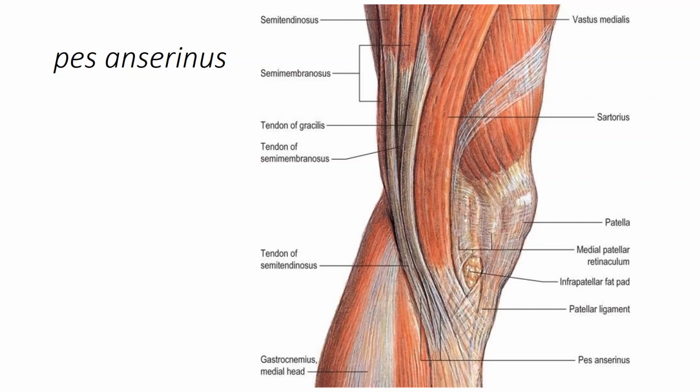And these together form this structure which is known as pes anserinus, or goose foot, like the foot or the digits of the bird. So this is known as goose foot.